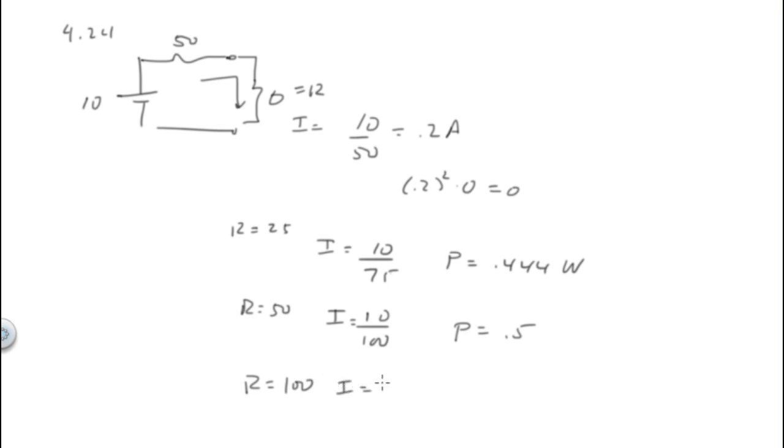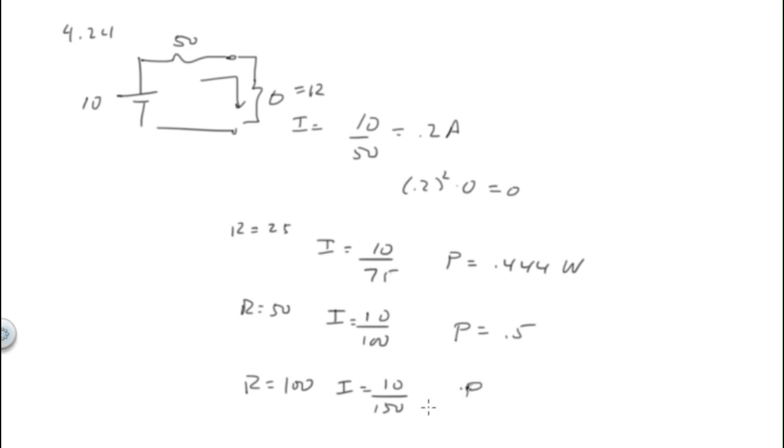I equals 10 divided by 150, 0.066. Hit the square key, then you multiply by 150. Answer is 0.666. Whoops, made a mistake.